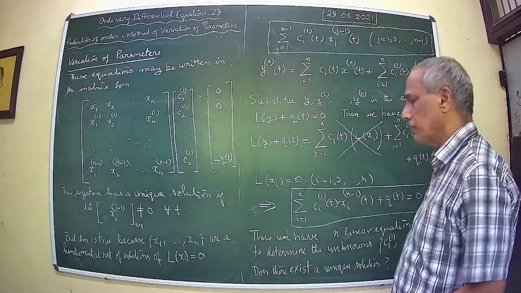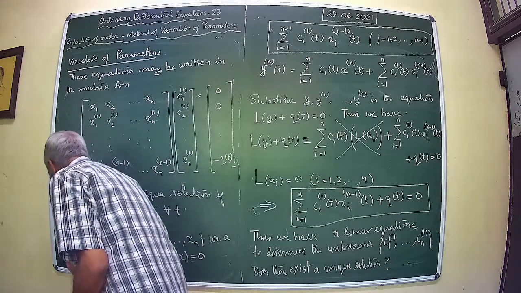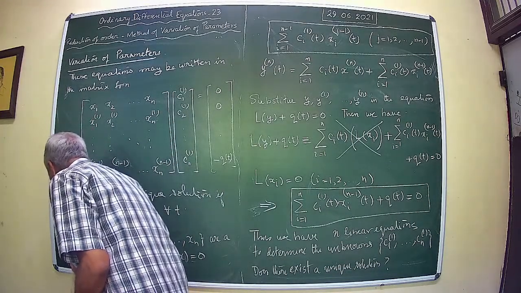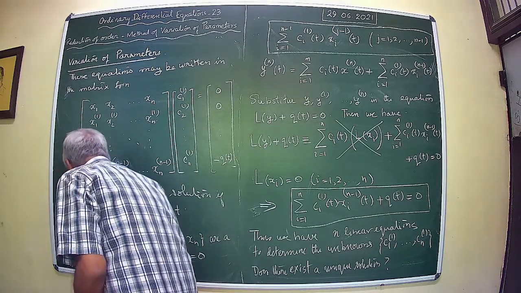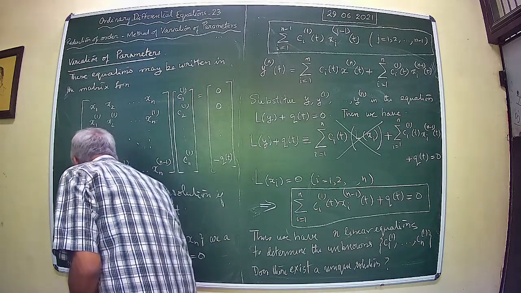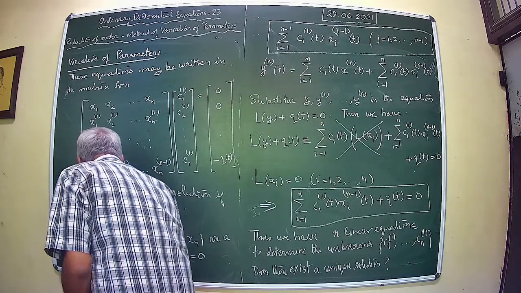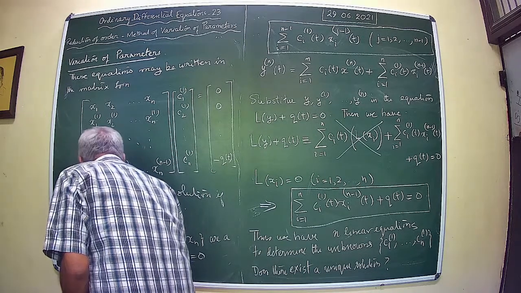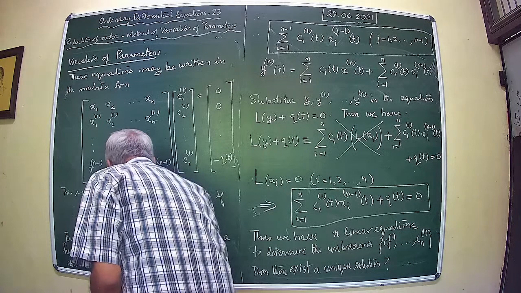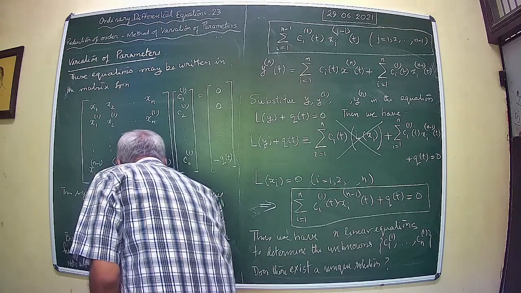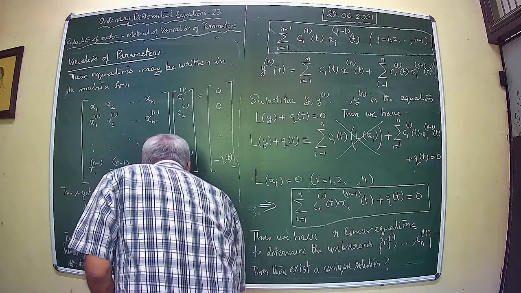Therefore, this is not equal to 0. And this determinant is equal to the Wronskian of t.